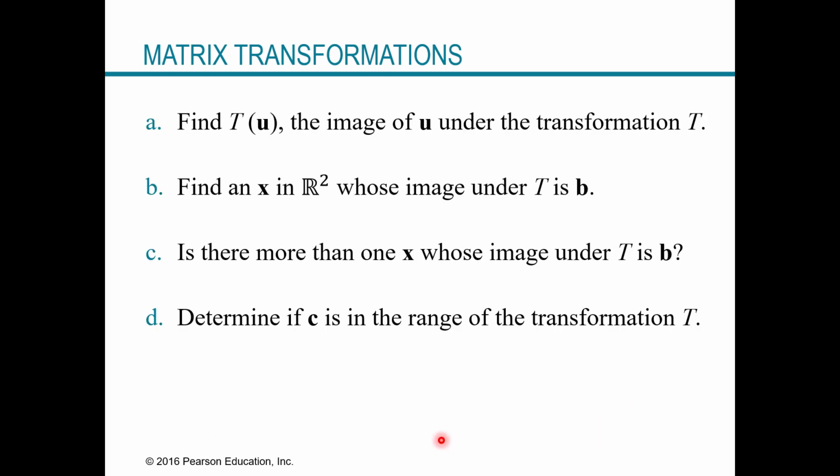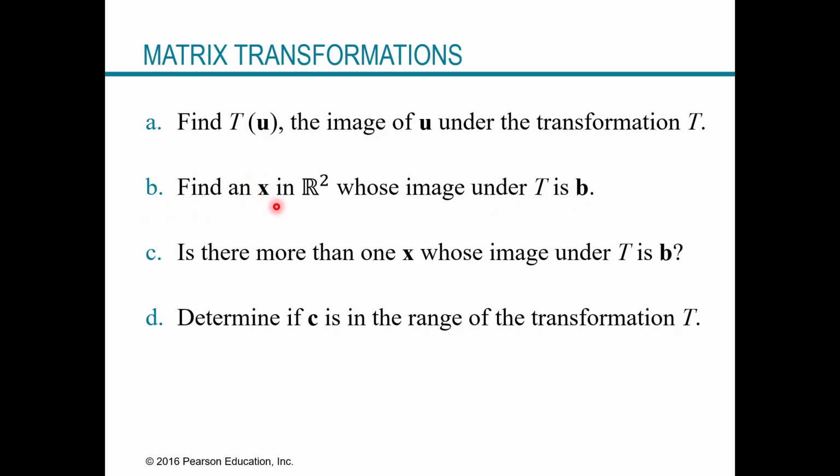All right, so we're going to do a few things. We're going to find T of U, so that vector we were given U, which is the image of U under the transformation T. So this statement here, this is just the definition of image. Then we're also going to find an X in R2 whose image under this transformation is B. So remember, we were given B, and this question here is saying, well, what's X?